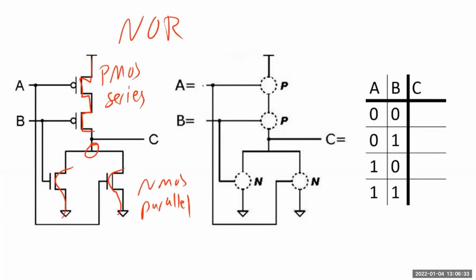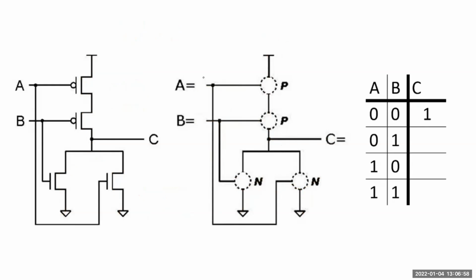So let's look at the inputs. When A is 0, B is 0. A creates a short on the PMOS, B creates a short on this PMOS. And then the A comes around here and creates an open on the NMOS, and B creates an open on this NMOS. So we have a direct connection between VDD and the output, and no path between ground and the output. So output is 1.